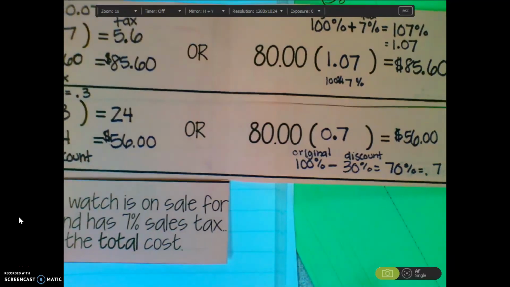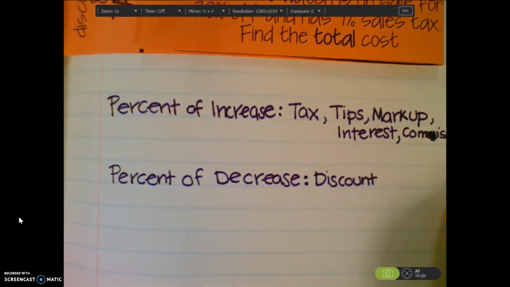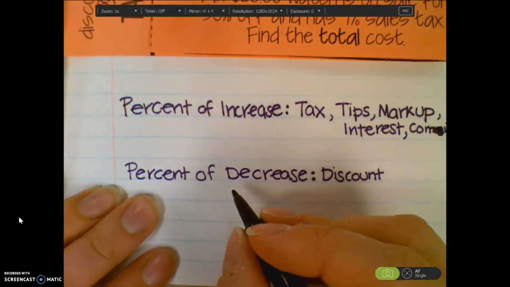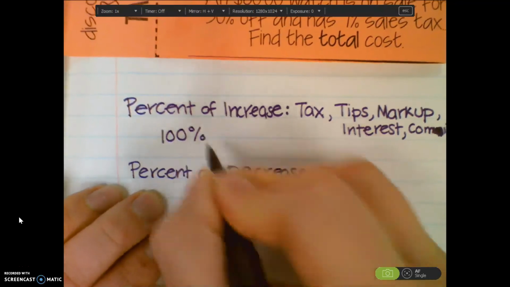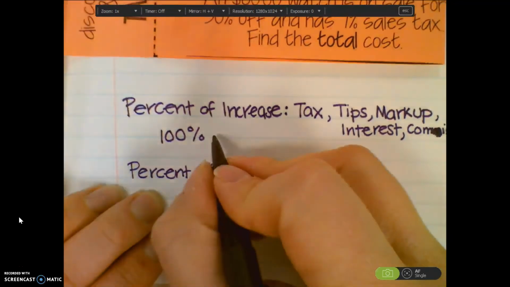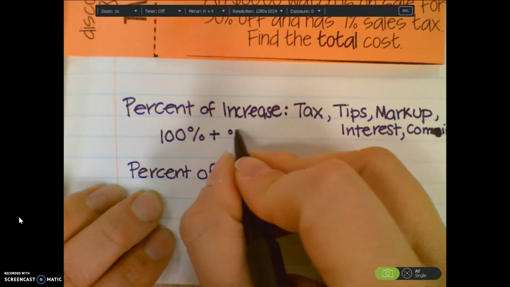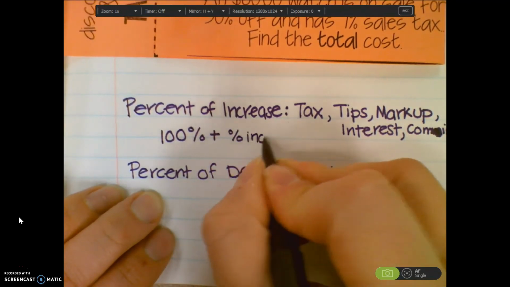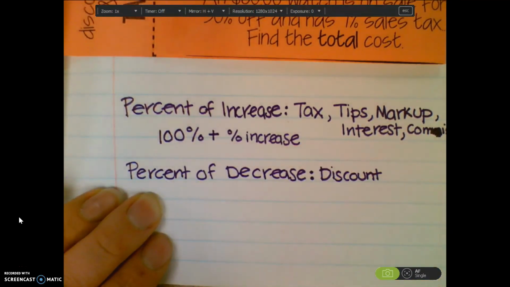So to summarize, when you have a percent of increase, in order to do the second step, you're going to start with your 100%, and you're going to add on your percent increase. So your tax, your tip, your markup.